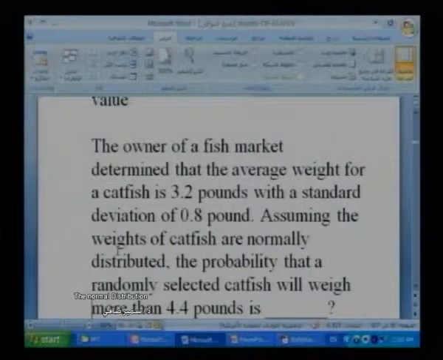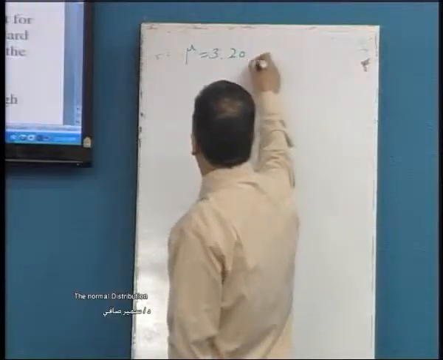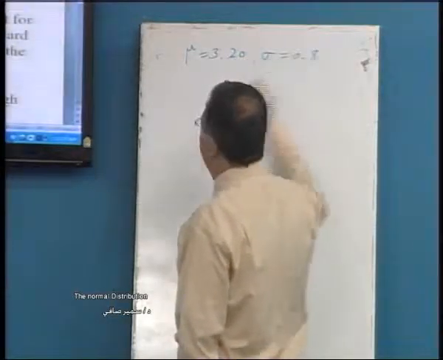So again, the owner of a fish market determined that the average weight for a catfish is 3.2 pounds. So the mean is 3.2 with a standard deviation of 0.8. So sigma is 0.8.